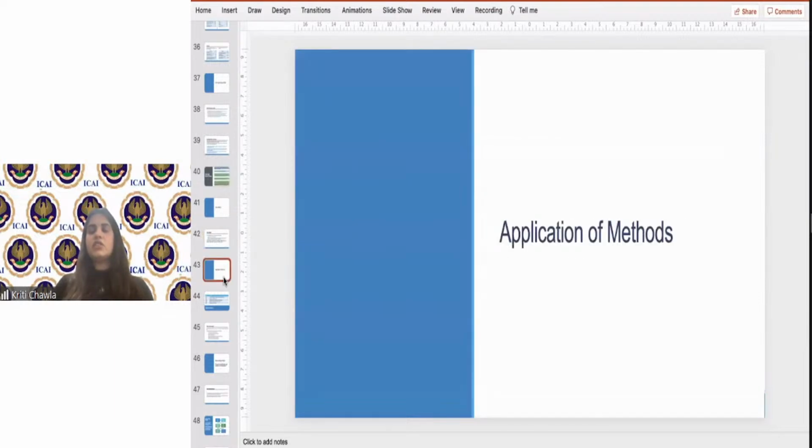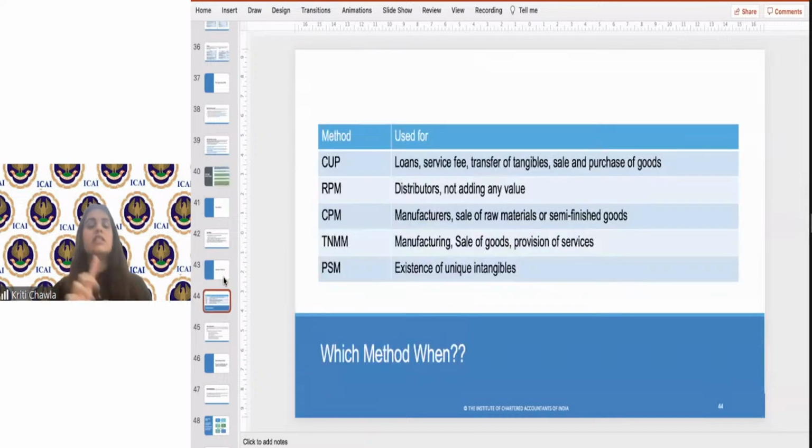The point is that, because we have discussed so many methods, the thing is which method is to be used when, and this is where the application of methods comes into play. So which method is to be used when? I have developed this small table here, which you can use to see which method is to be used when. Let's talk about CUP method.